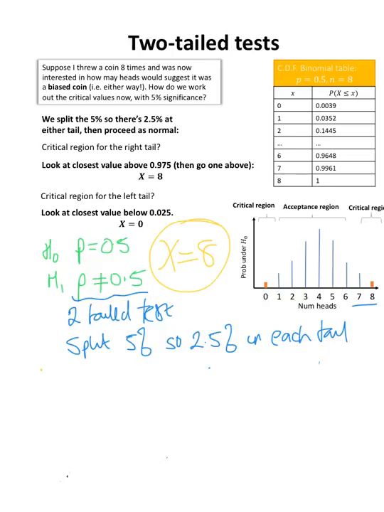We now need to look at the lower tail, the tail on the left hand side, and we're looking for the value of x which gives us a probability below 0.025.